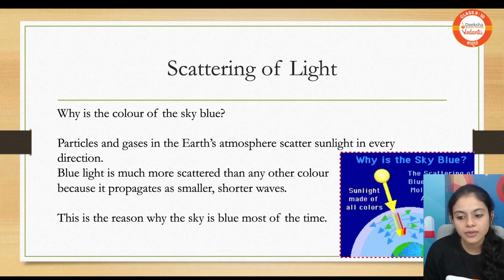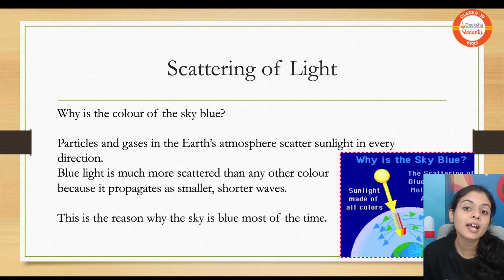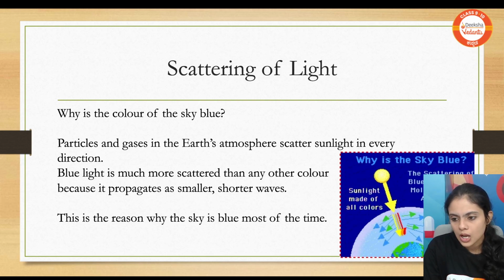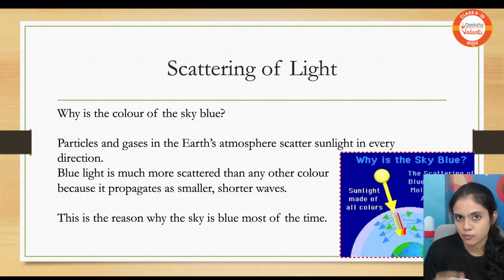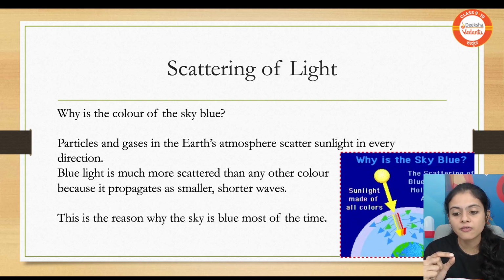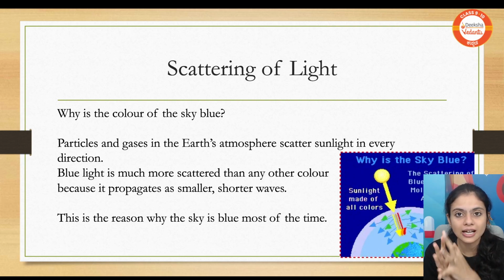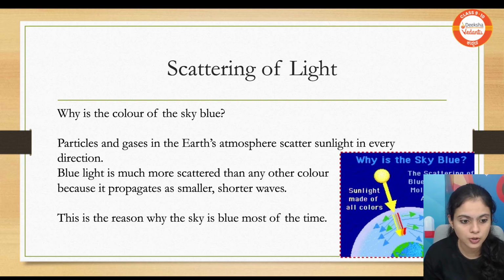Yes. Scattering of light is why the sky appears blue, right? Why does the sky always appear blue? It can't be red, it can't be green. Why? The answer is because of the particles. The particles present in the atmosphere are small and the wavelength of violet light is also small. So when the violet or blue light strikes these, it will scatter in all directions.